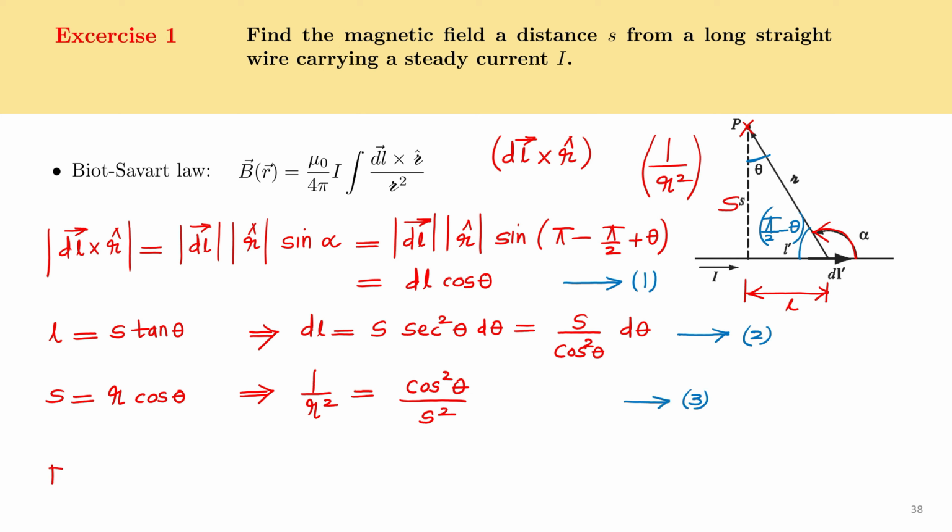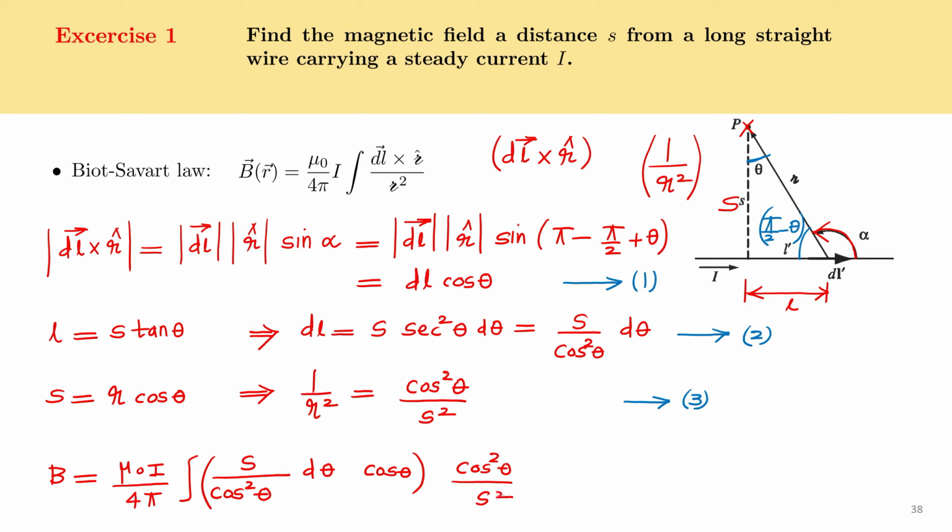With that, the Biot-Savart law reads B as equal to mu 0 I divided by 4 pi, integral s over cos square theta, d theta multiplied by cos theta, and then cos square theta over s square. s and s square will cancel, then cos square theta and cos square theta will get cancelled.